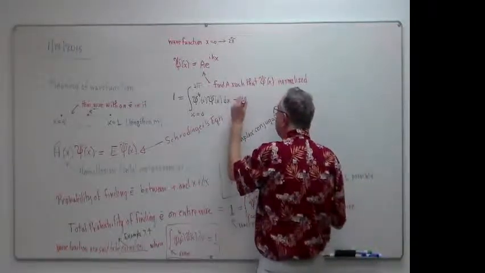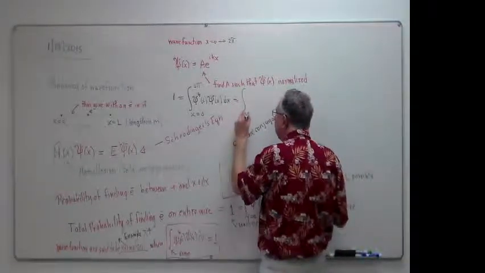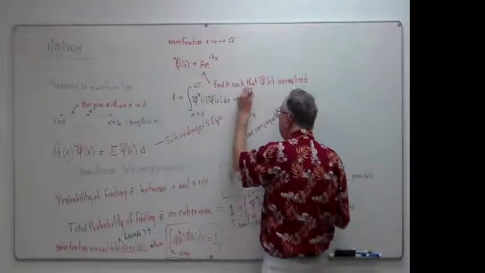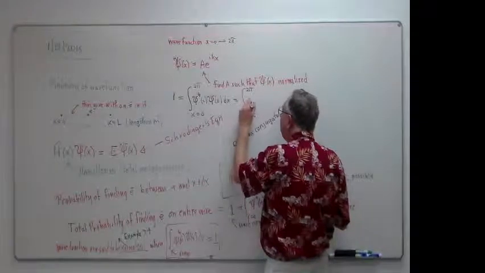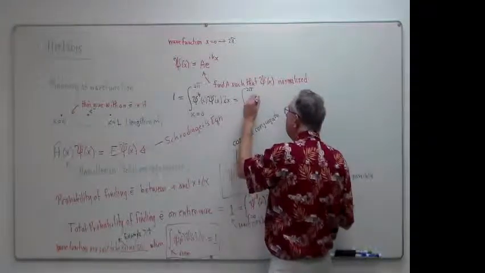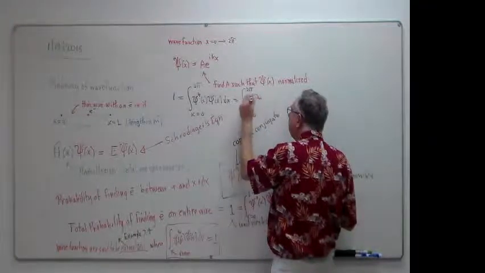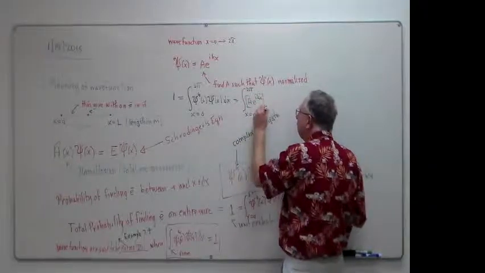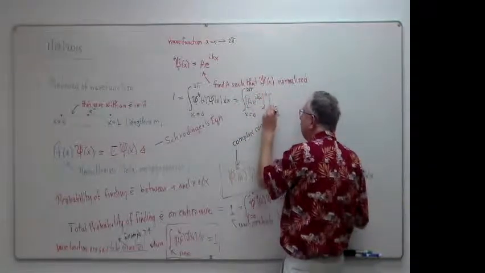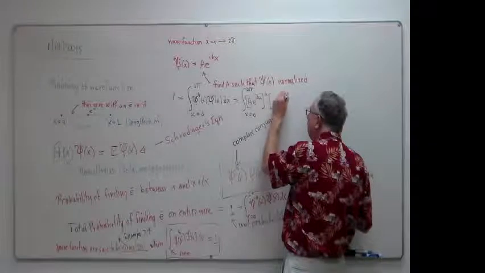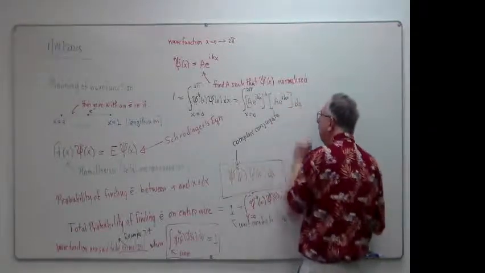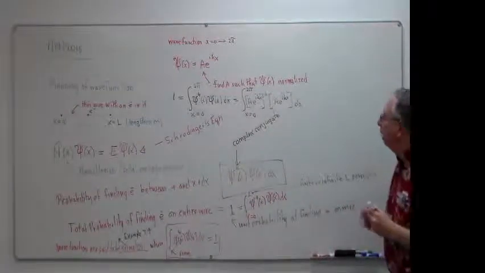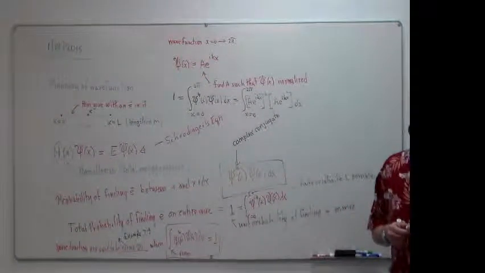So what we do is say, this is the integral, x equals 0 to 2 pi, of A e to the i k x star, A e to the i k x dx. Do you see how I'm doing that complex conjugate?